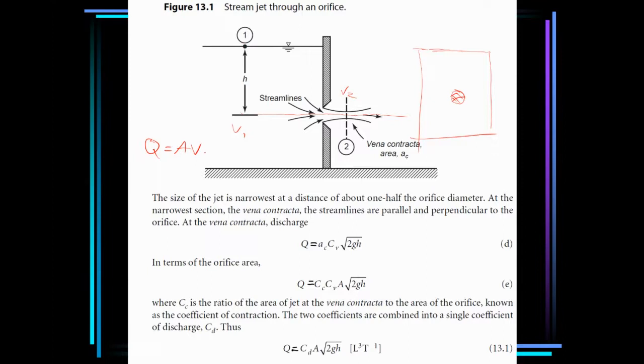The flow area here is very large, so the velocity has to be very low. While in this case, the cross-sectional area of flow is very small, so the velocity has to compensate to ensure that the flow rate Q is the same. That's why the velocity is very high compared to the velocity at this point. Hence we can neglect the approach velocity V1.